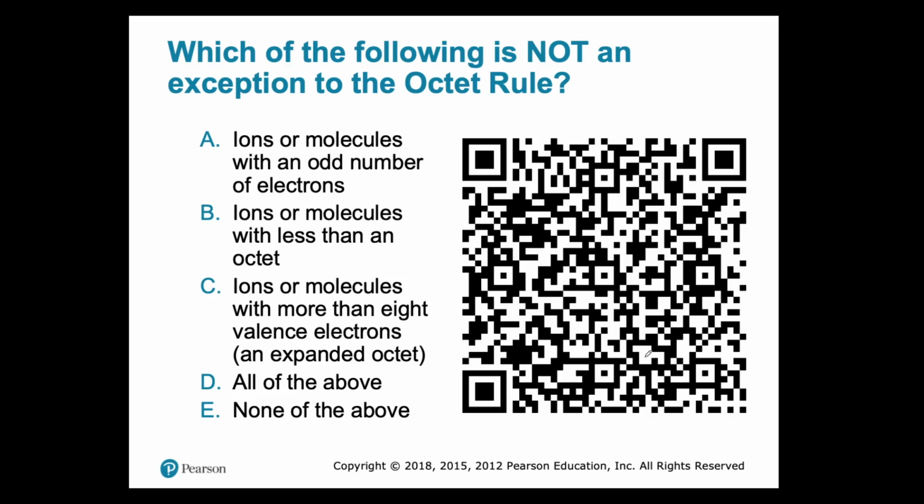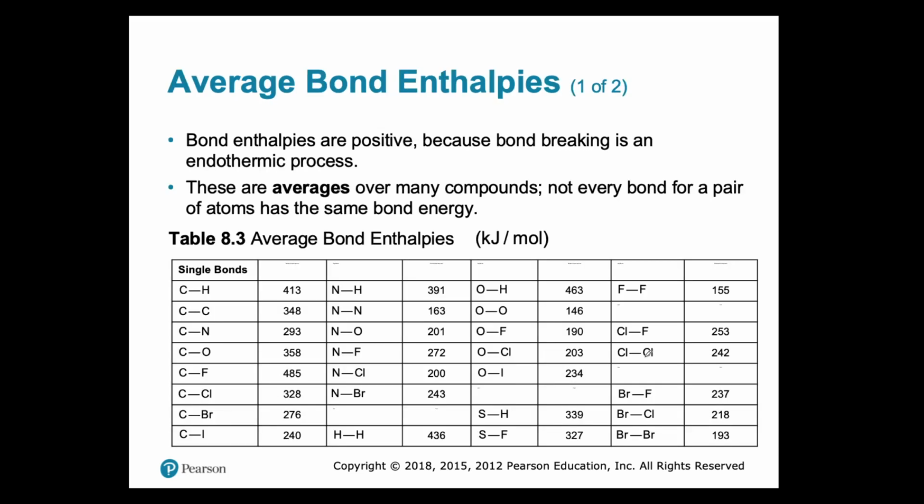So all of these are actually octet rule exceptions, right? You should do that on the exam. Oh, yeah. I know that's a problem sometimes, and that's why I capitalize the NOT for you. So be careful with that, okay? Be careful with that.